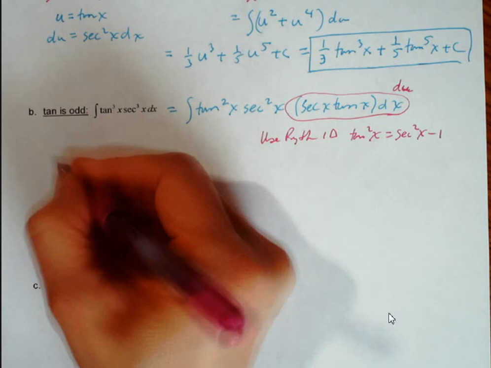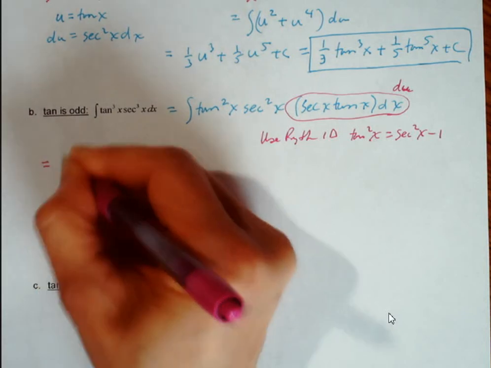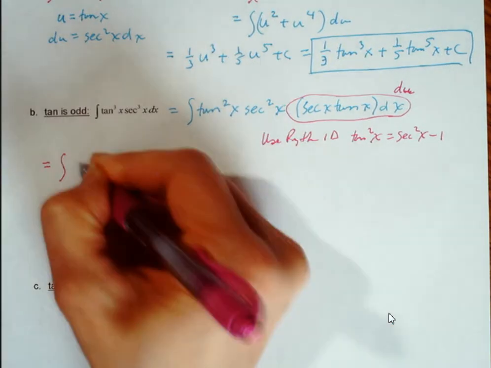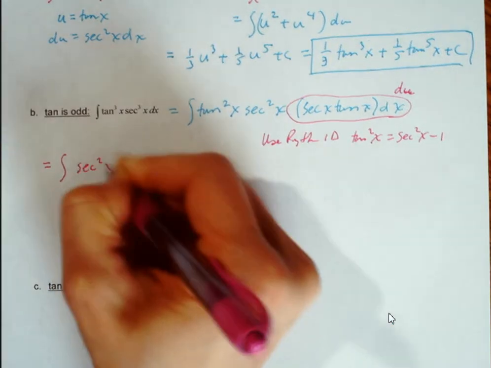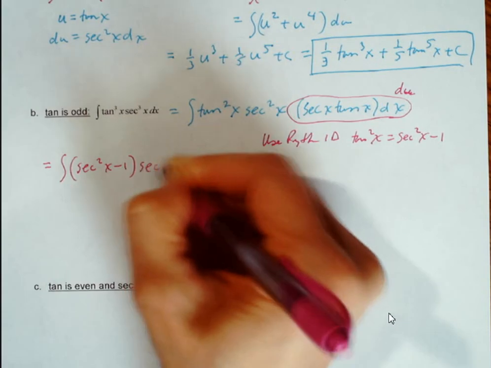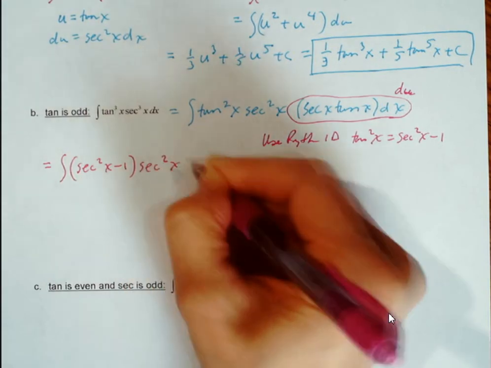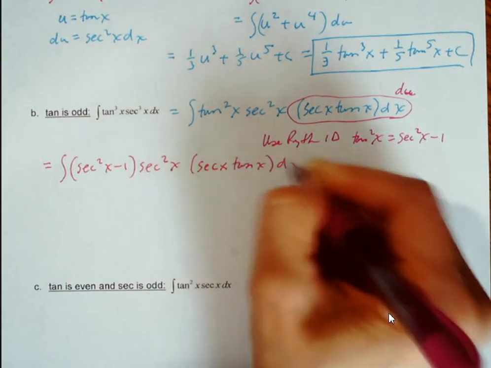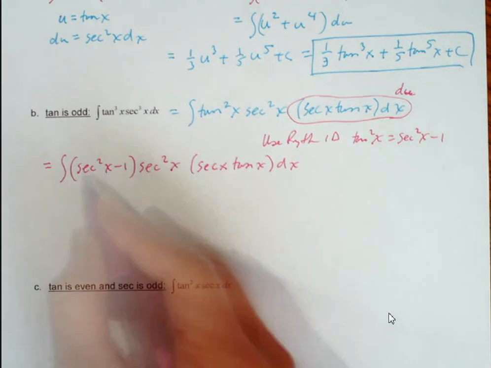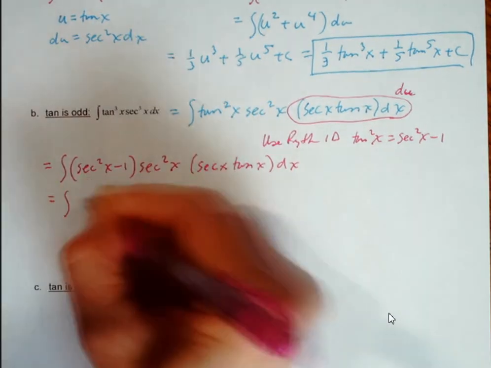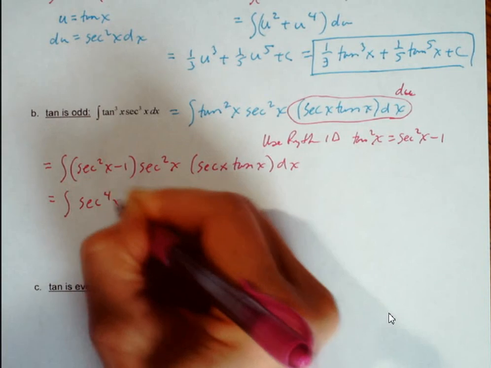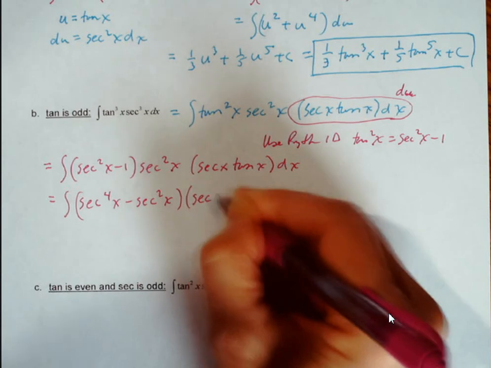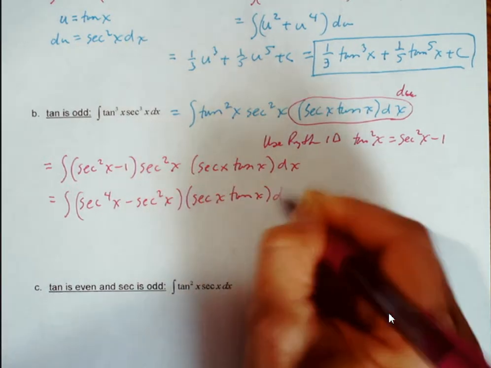The next part is substitution, so it's equal to the integral of, making the tangent squared x as secant squared x minus 1, times secant squared x, and then I have my secant x tangent of x dx. Multiply this out, so that's going to equal the integral of secant to the fourth x minus secant squared x, and then you have secant of x times tangent of x dx.